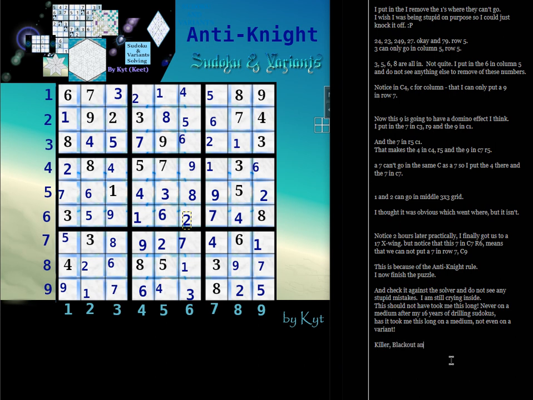Killer, Blackout, and Skyscraper do not count. I still cannot solve Skyscraper or Blackout.